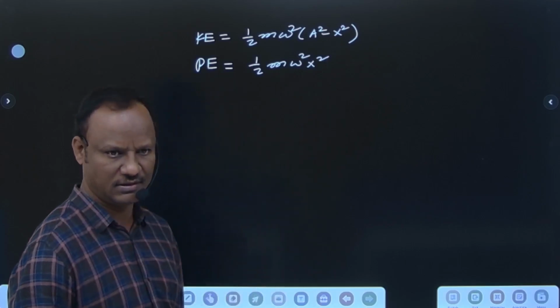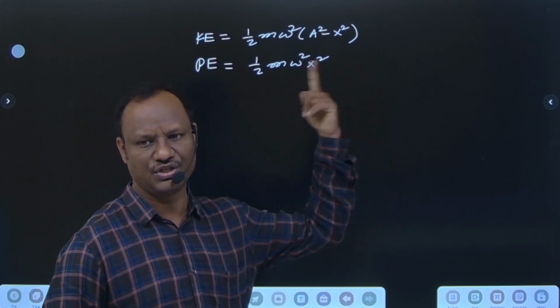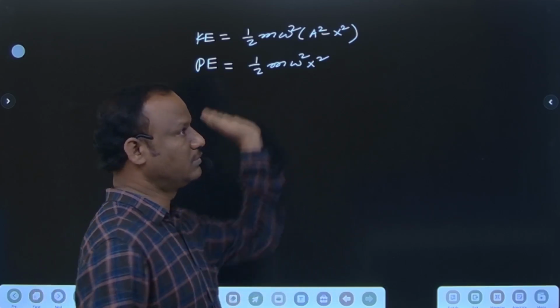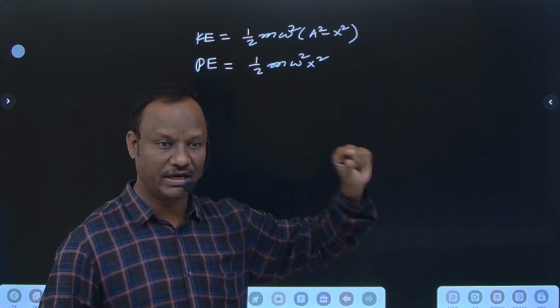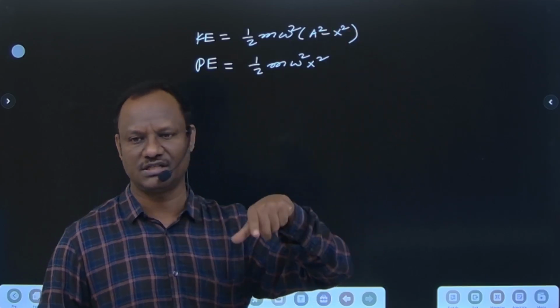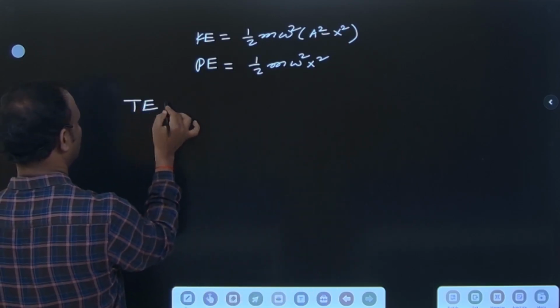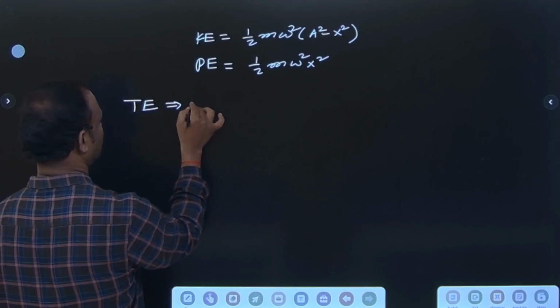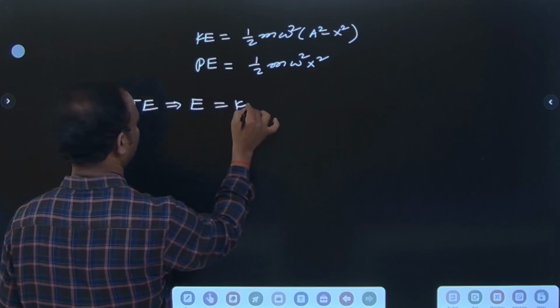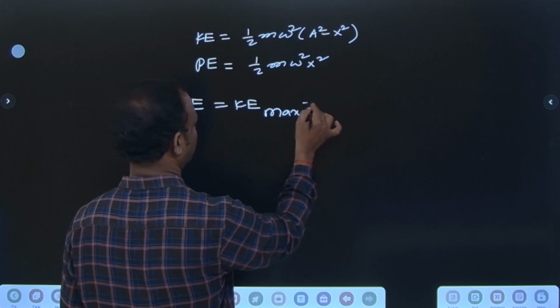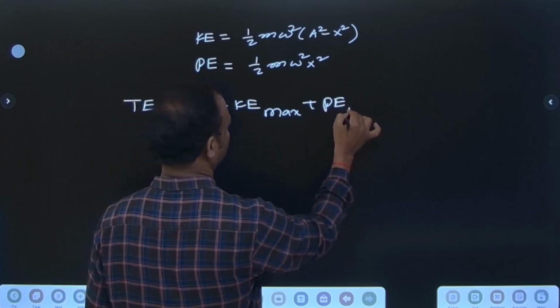So these are position dependent at any position. So here maximum, there minimum, it's not possible. At any position we need to take both the energies. Now total energy, which means E is equal to kinetic energy maximum plus potential energy minimum.